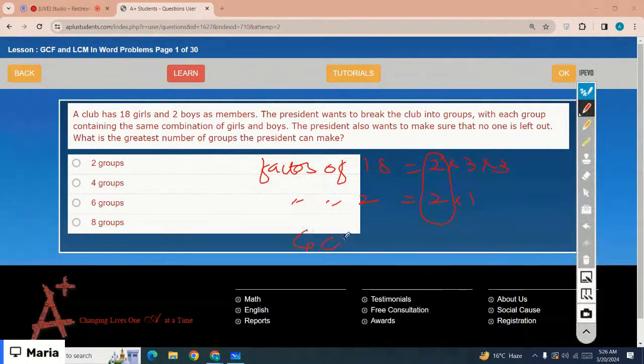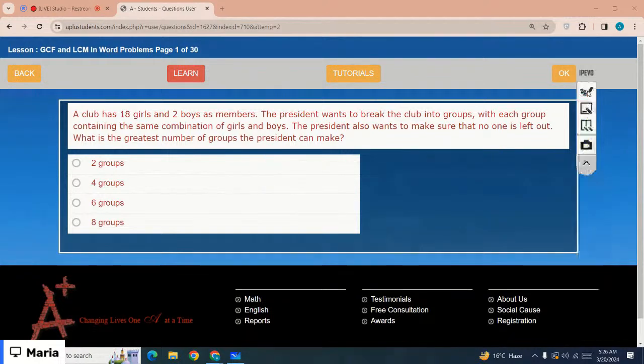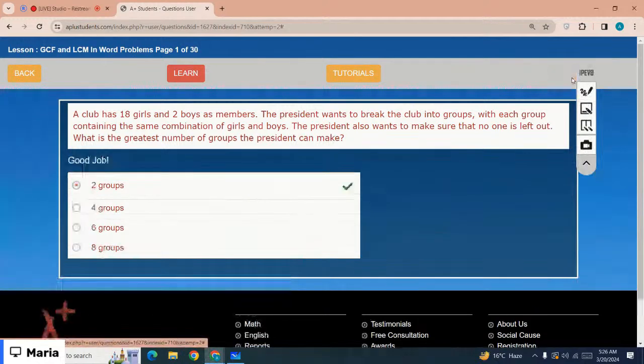So the GCF is 2. That means the greatest number of groups the president can make is 2. The correct option is 2. So the correct option is 2 groups. Option number 1 is the correct option.